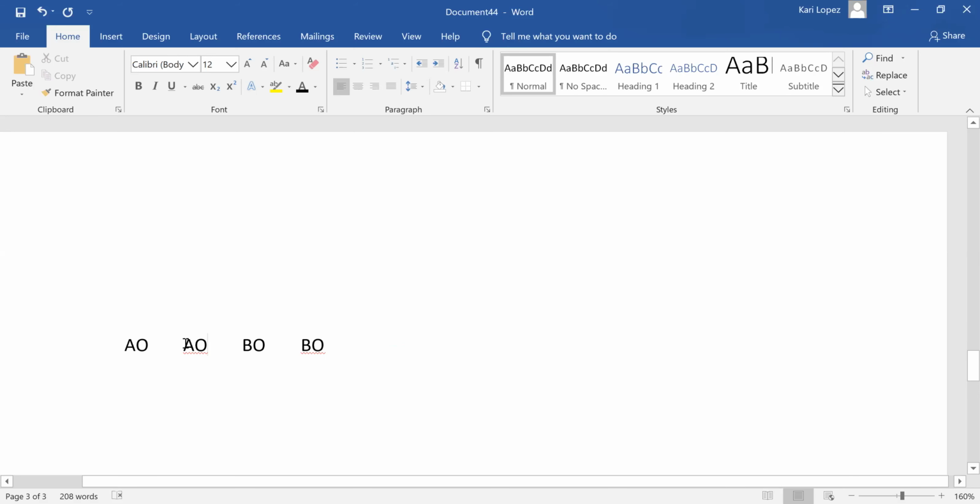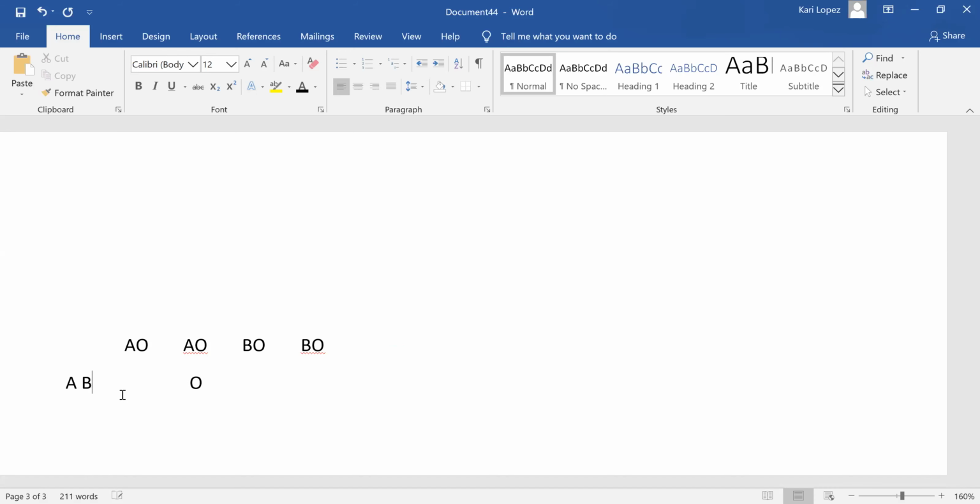And then you can say, okay, well, I have to get one from mom and one from dad out of every one. So mom and dad have to have an A or an O. So one has to have an A, and one has to have an O. And then for this one, one has to have an A, one has to have an O. And then for this one, one has to have a B and one has to have an O.